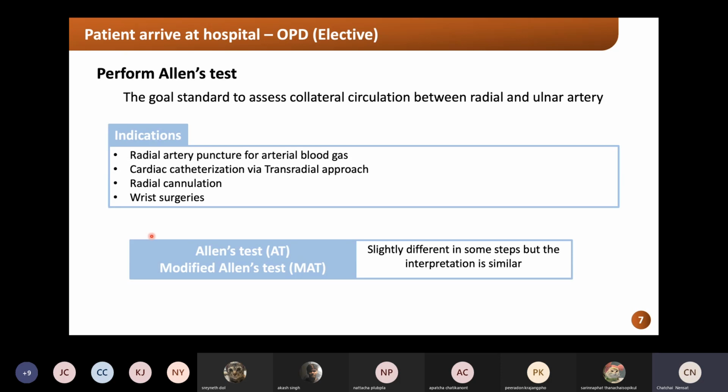Normally the Allen test can be classified into two types: the first is the traditional Allen test, and the second is the modified Allen test, which has slightly different steps. But the interpretation is similar between the two.